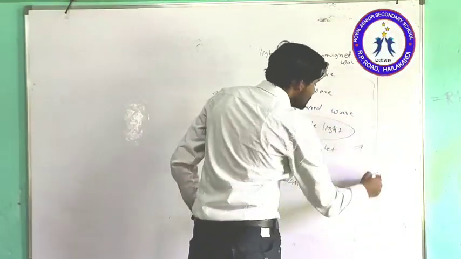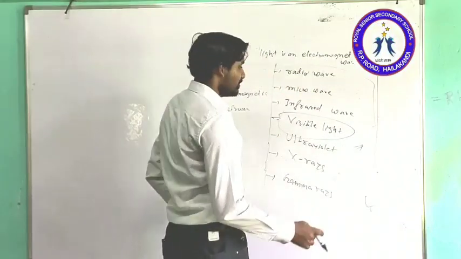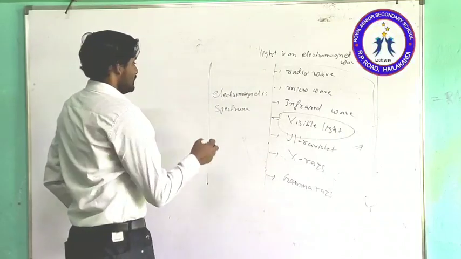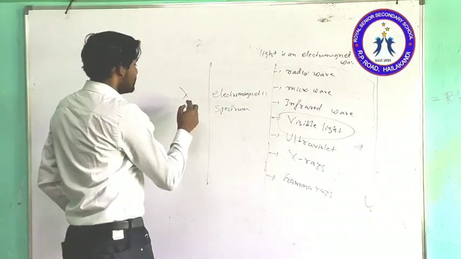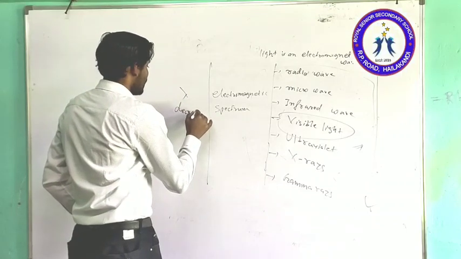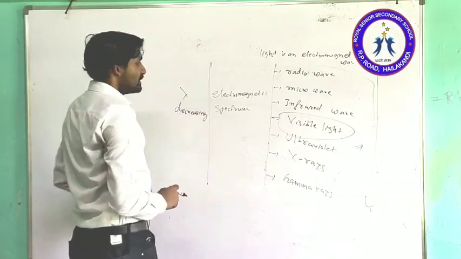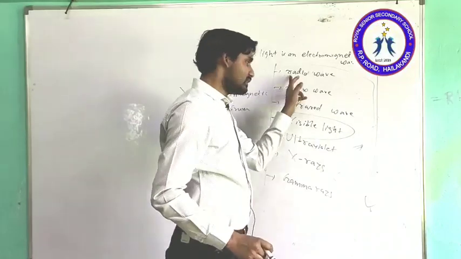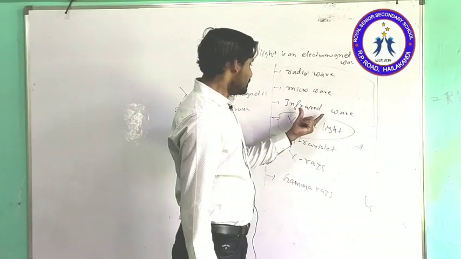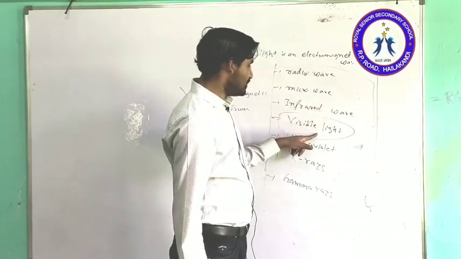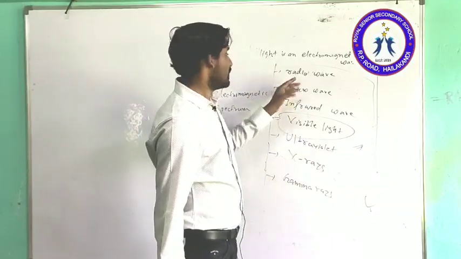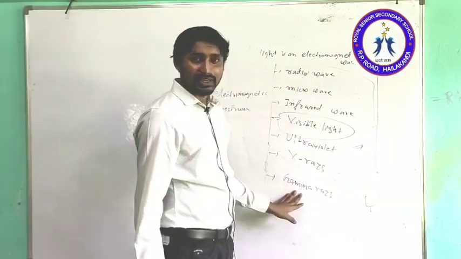From top to bottom, your wavelength, that is lambda, is actually decreasing. The wavelength of radio wave is greater than the wavelength of microwave, and the wavelength of microwave is greater than infrared, and it is greater than visible. So the maximum wavelength is for radio wave, and the minimum wavelength is for gamma rays.